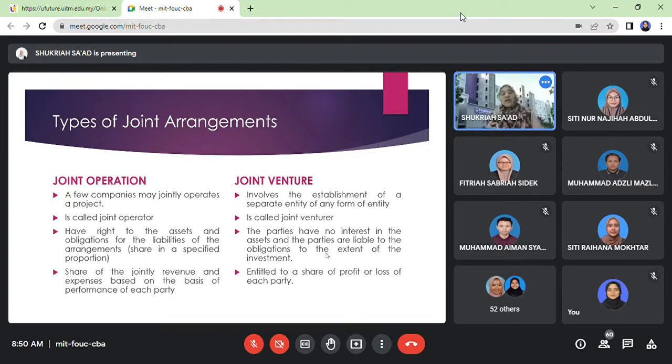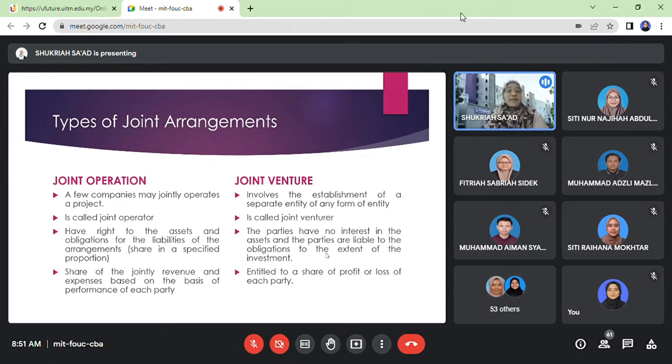In a joint venture, when two companies agree to join together to handle one project, they are not involving their own companies, because they come up with a new vehicle, a separate entity, to handle the project. So A and B create another company for the sake of handling the project.